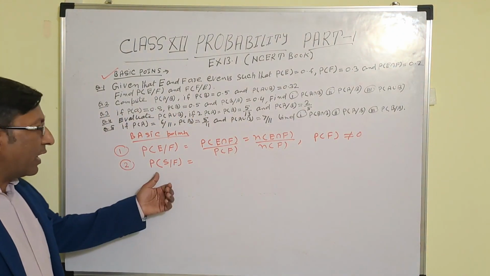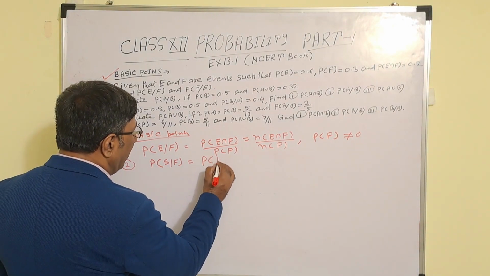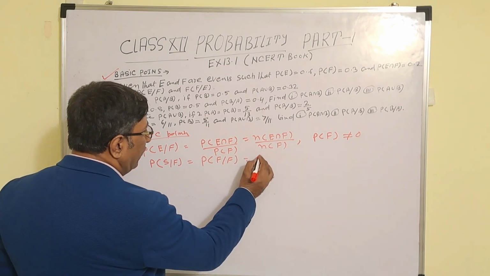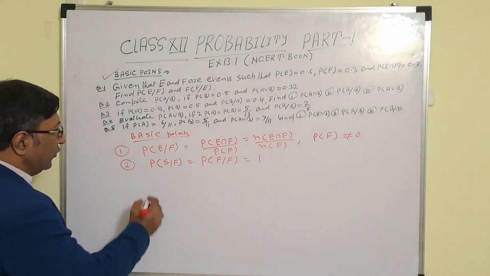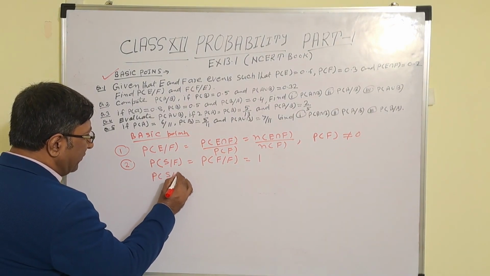So here probability of S by F, or you can say probability of F by F, this equal to what? 1.